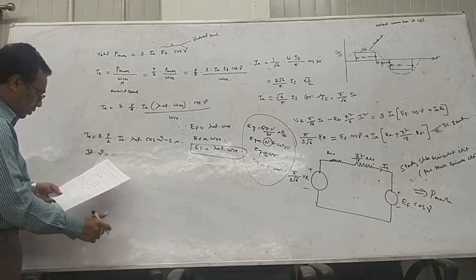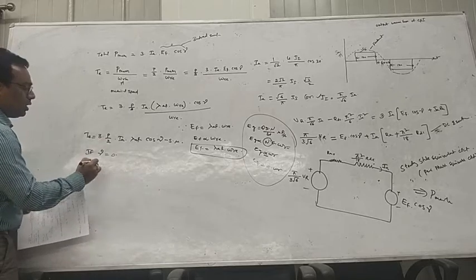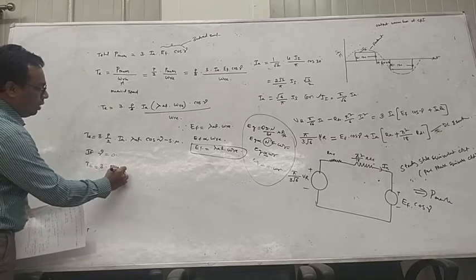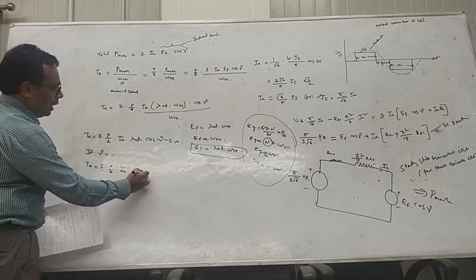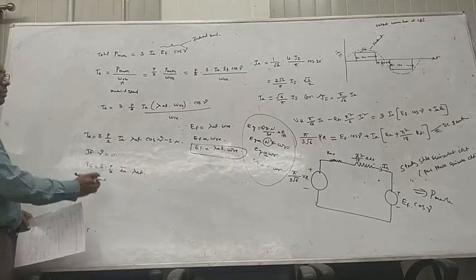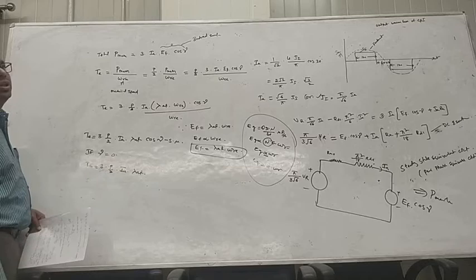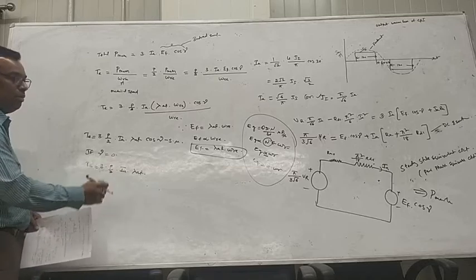If gamma is equal to 0, then the torque equation is 3 into P by 2 into IA into lambda AF. This is exactly equal to your DC motor torque equation.